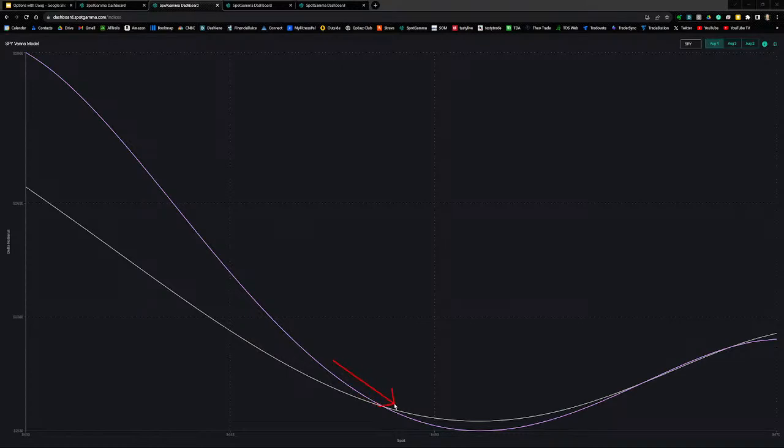So again, a little bit of a tailwind from put Vanna as price increases, implied volatility decreases. Traders are long puts, market makers are short puts. As those puts lose value, when price increases and implied volatility drops, market makers can buy back their short futures. And if price kept dropping, they would need to sell futures to hedge their delta exposure.